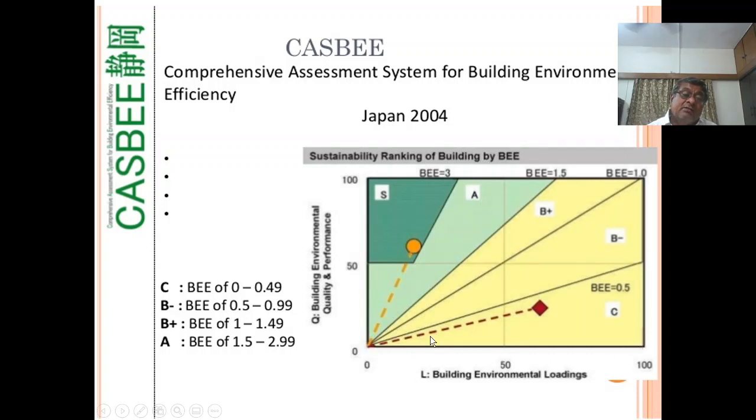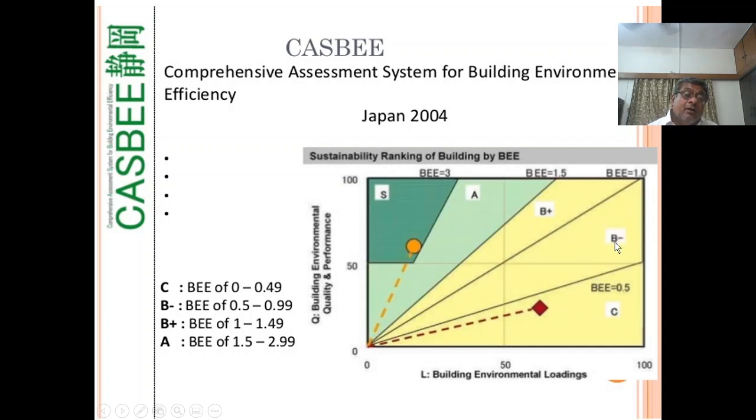So this is the C grade. BEE, building environment efficiency, is here 0.5, somewhat nearly 0.5, so it is C grade.